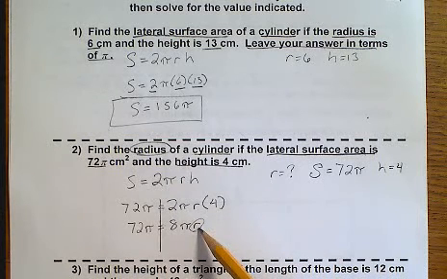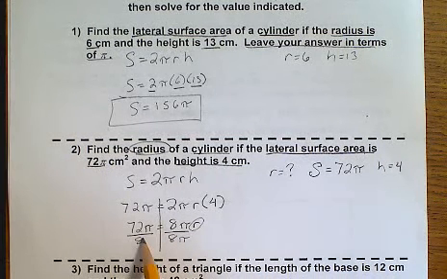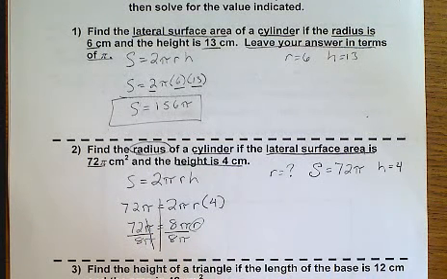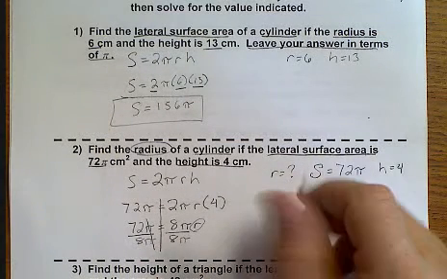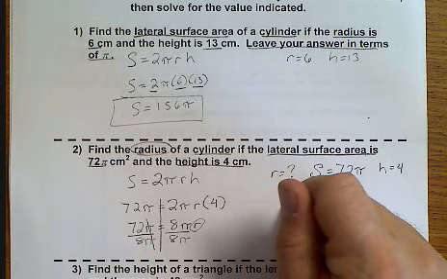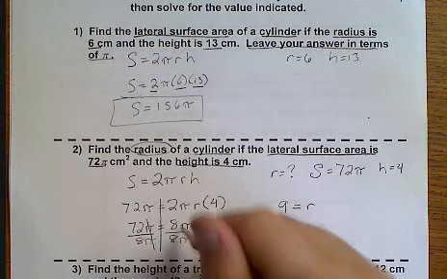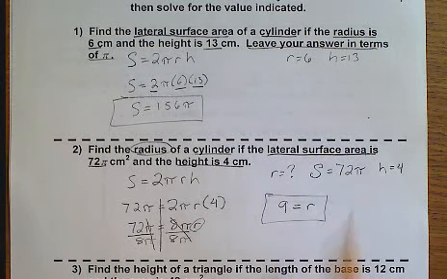So I need to get rid of the 8 pi. I'm going to do that simply by dividing by 8 pi. Now, pi divided by pi cancels out, and so I just need to figure out what 72 divided by 8 is. And if you don't know, you can always plug that in the calculator, but I do happen to know that 72 divided by 8 equals 9. And so I'm left with that the radius must be 9.